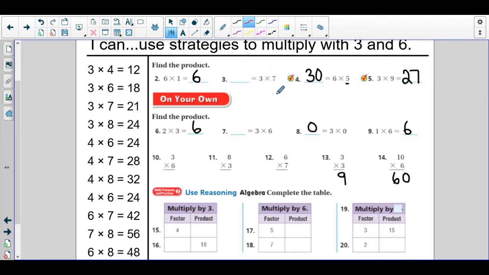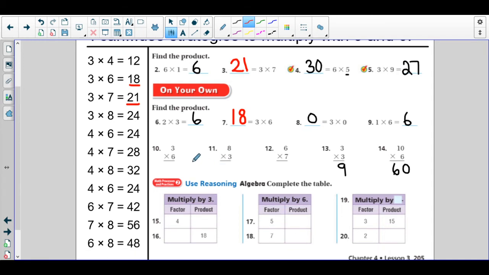So 3 times 7, that is 21. 3 times 6 is 18. Another thing to do, if you want, is just get a note card or something like that. Write these 10 on here so you can quickly reference them. 3 times 6, again, is 18.